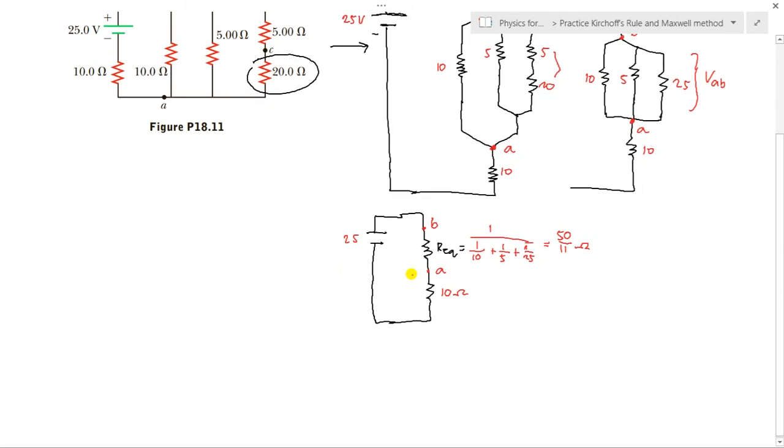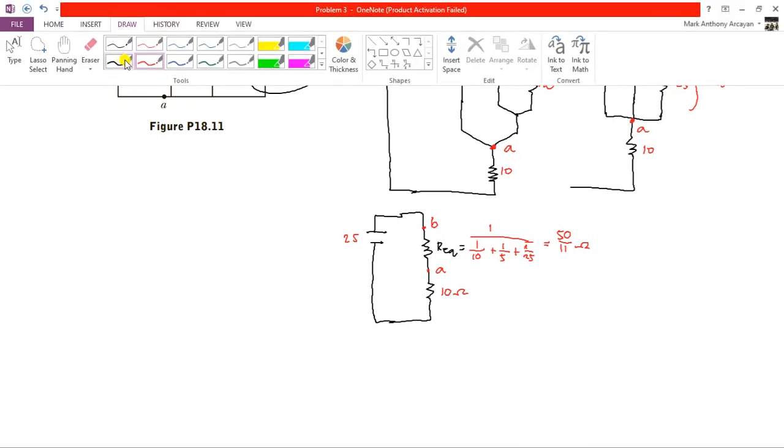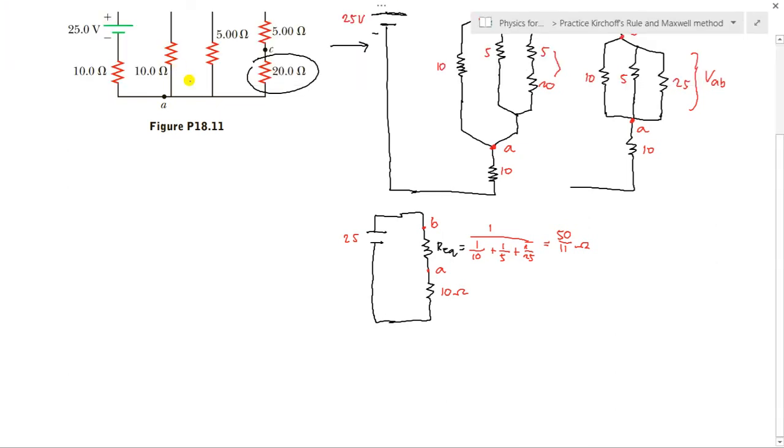So to solve this, we're going to use Ohm's law. V total is equal to VAB plus the voltage across the 10 ohm resistor. But we don't have the current here.